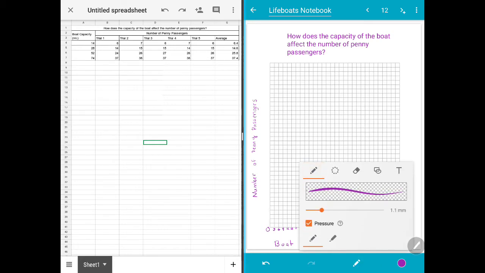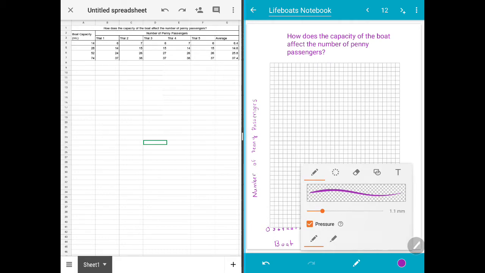This one's really easy. My scale is going to be a scale of 1. I'm going to count by ones. So again, going up the side, I'm going to count by ones.